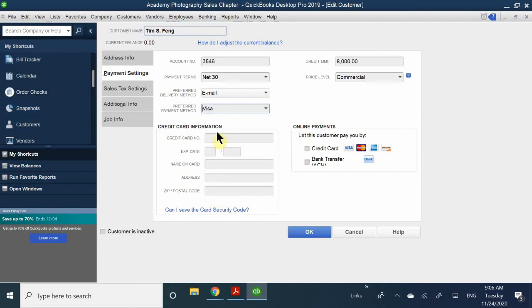All right. Once we've done that, now here's the credit card information. So what is the credit card number? 1234, 1234, 1234, 1234. Okay, good. Okay, when's the expiration date? 01 2020.